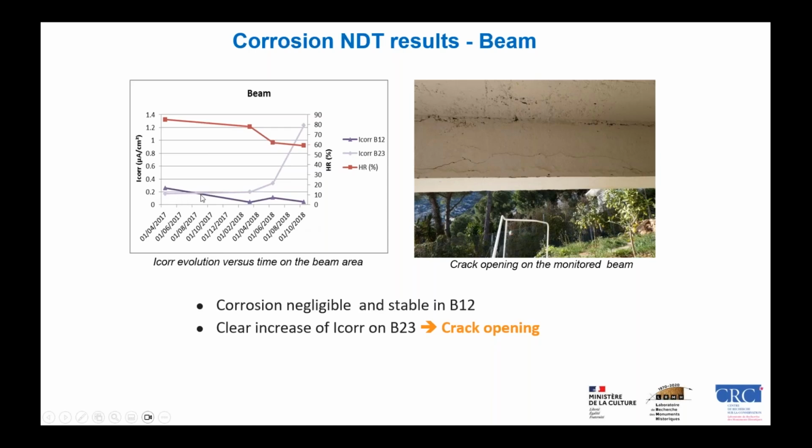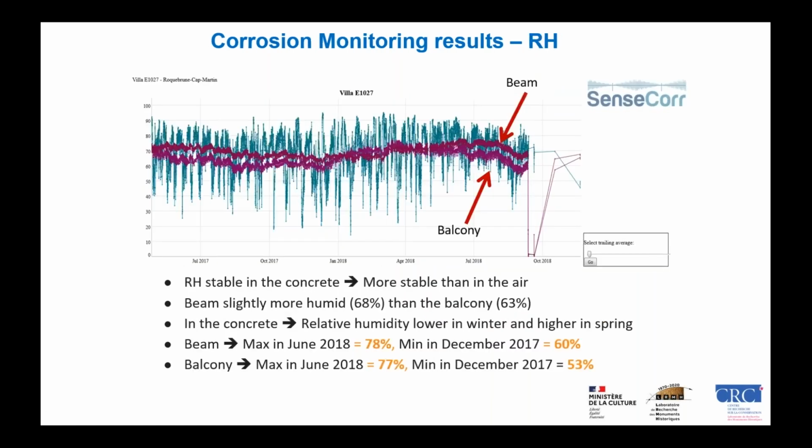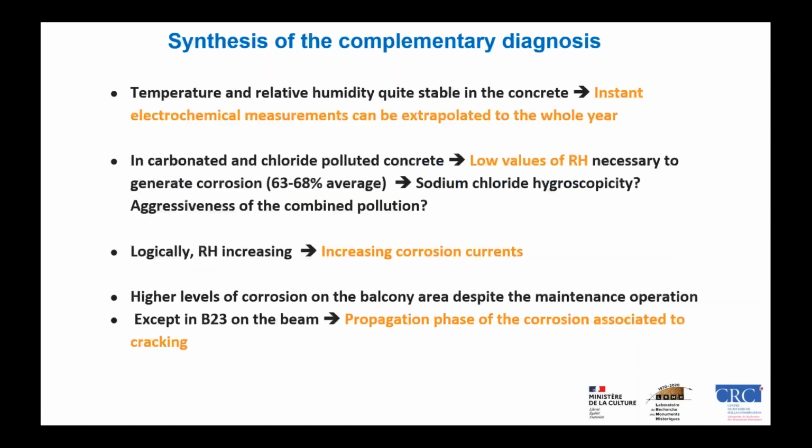And what we can see is that gradually we had an increase of the corrosion current, and it was very clearly linked to the appearance of some cracks on the beam due to the corrosion. The monitoring showed exactly the same.